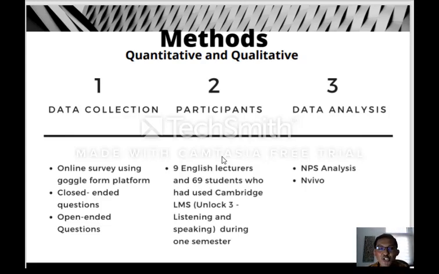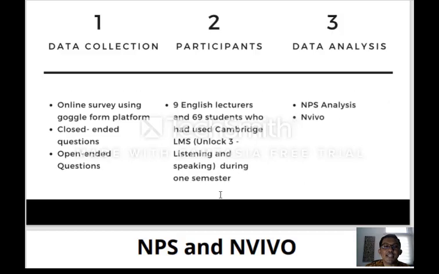I selected 16 students who had used Cambridge LMS Unlocked 3 Listening and Speaking during one semester to participate in the study. For data analysis, I have 2 methods here. NPS analysis was used to analyze the quantitative data, and NVivo was used for analyzing the qualitative data.